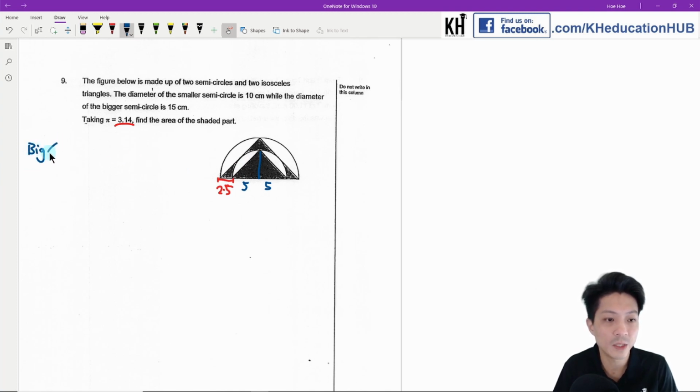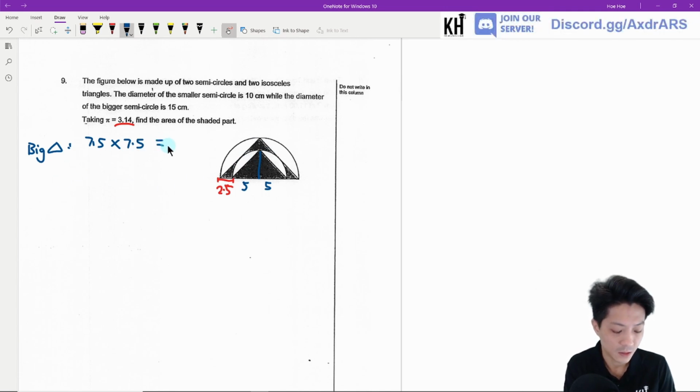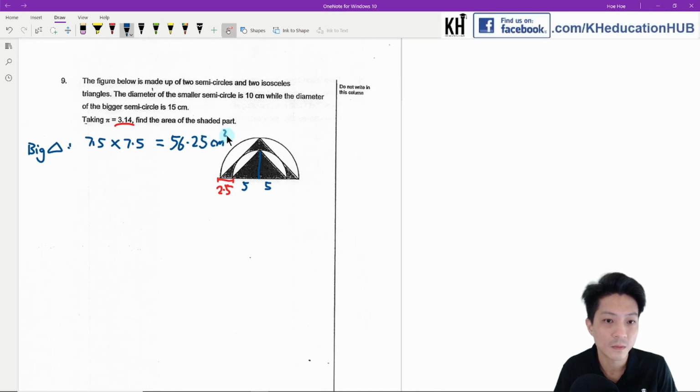So to find the big isosceles triangle, I need to use 7.5 times 7.5, or you can also do half times 15 times 7.5. 7.5 times 7.5 is 56.25 cm square.